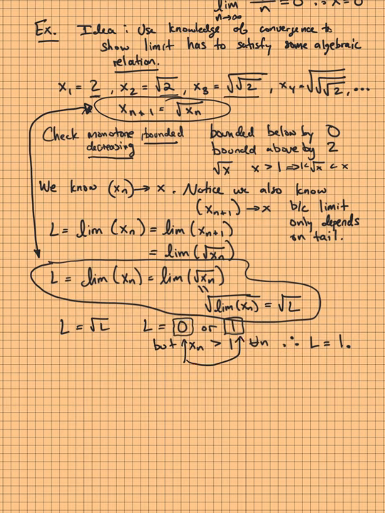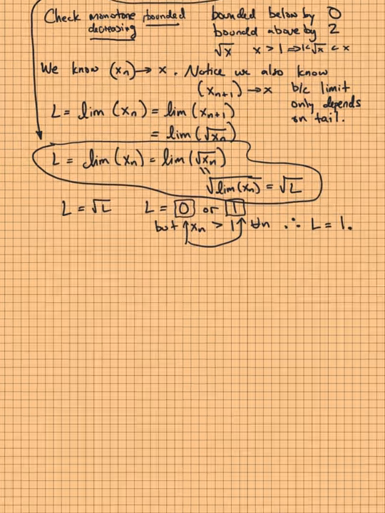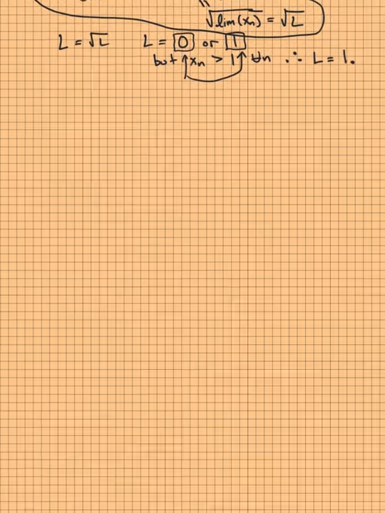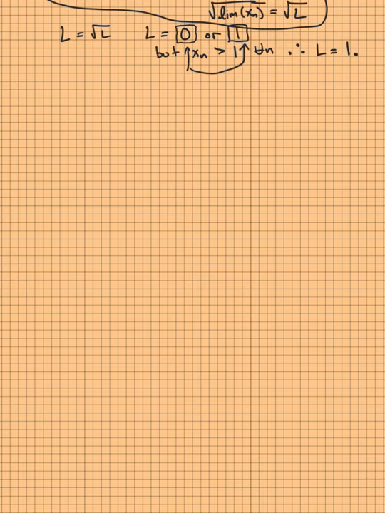Okay, so I think this is a somewhat non-intuitive example, so let me give you another example of similar flavor, and hopefully this procedure starts to make more sense. Let me do another one where I'm going to set x1 to be 2 and xn plus 1 to be 2 plus 1 over xn.